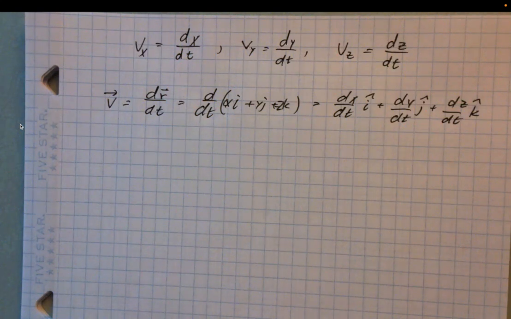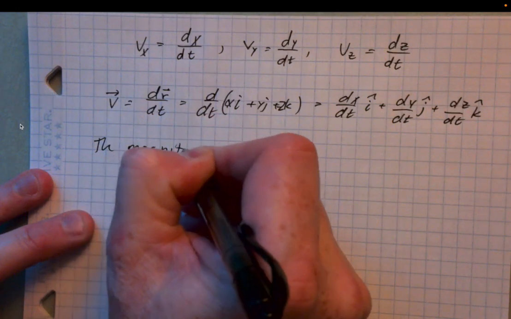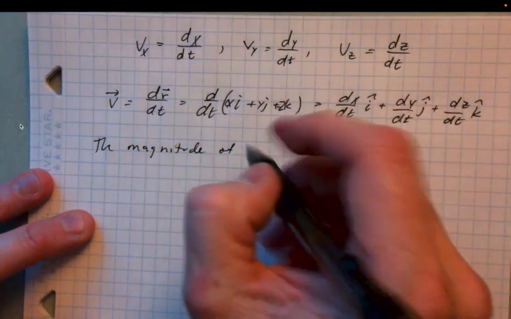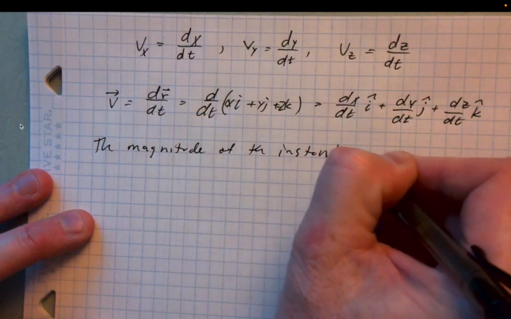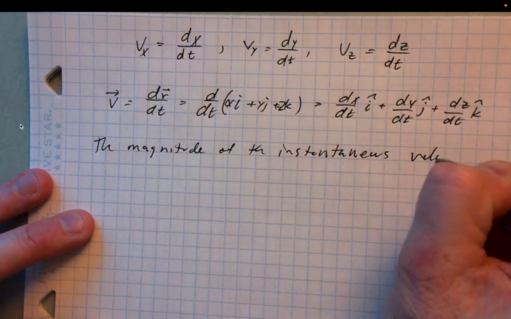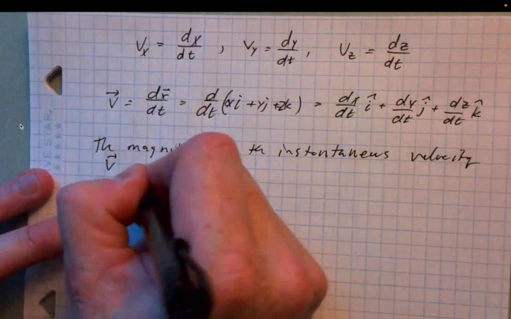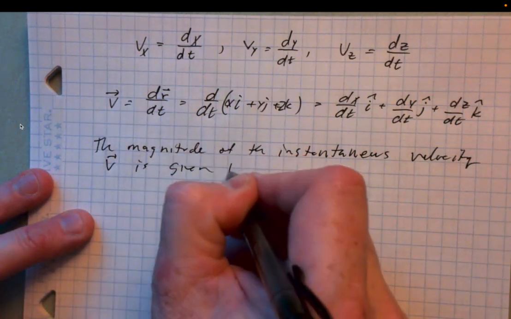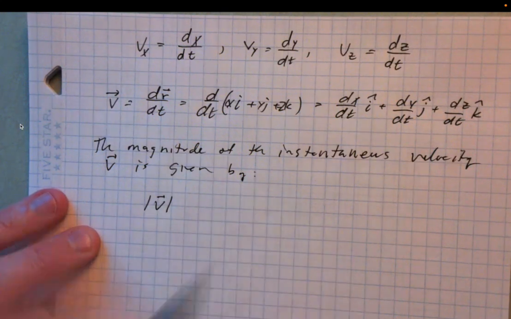Now, what about the magnitude? Well, the magnitude of the instantaneous velocity is given by, bet you can guess, just the norm of the velocity vector.